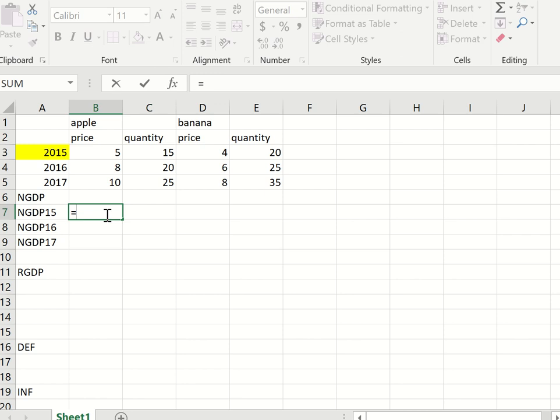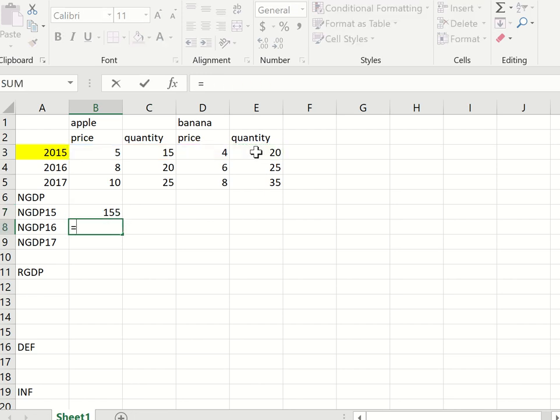Just find the value of everything they produce in the economy. So all the apples and all the bananas. So for nominal GDP, I'm going to take the price of each year, so $5 for 2015, times the quantity of each year, and then plus the price for banana times the quantity for banana. So that's your nominal GDP.